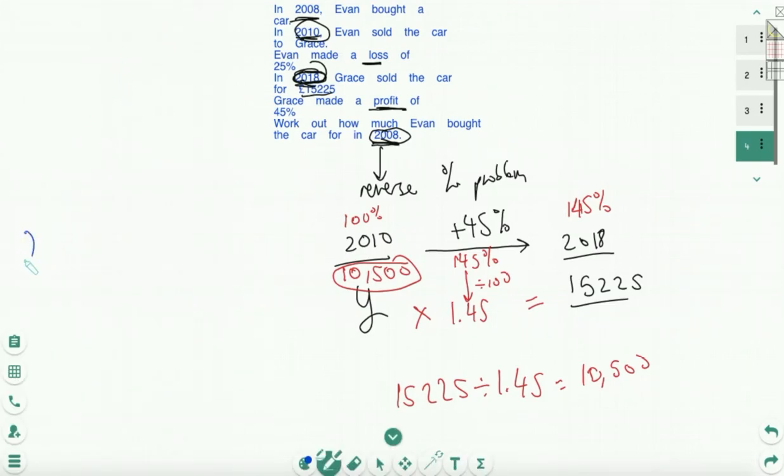So let's write down 2008 and 2010. This time we know the price of the car in 2010, which is 10,500. We're trying to find the price in 2008. We know when Evan sold the car, he made a 25% loss.